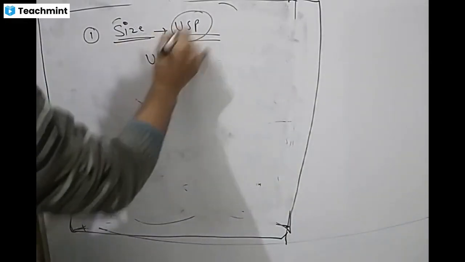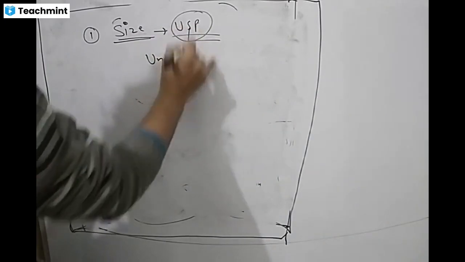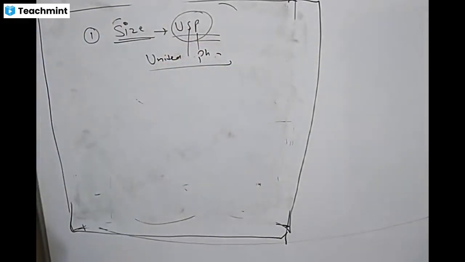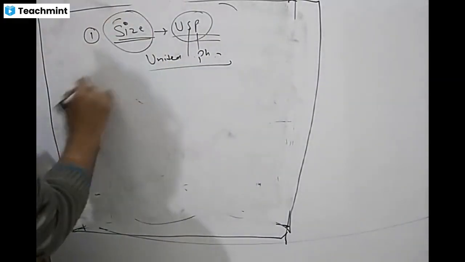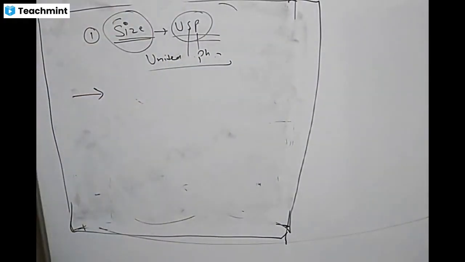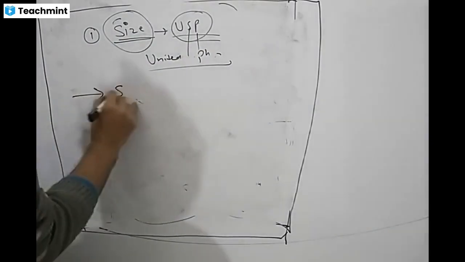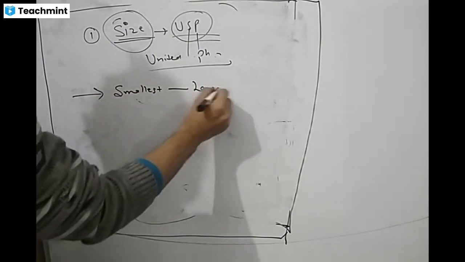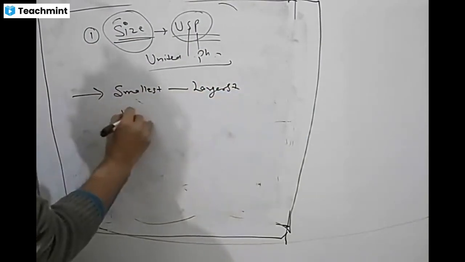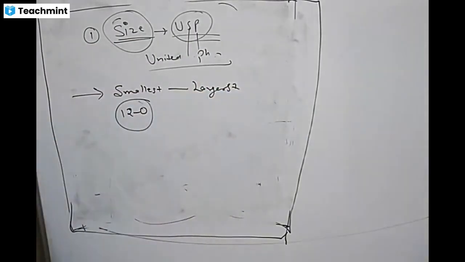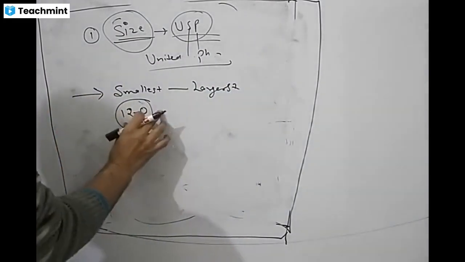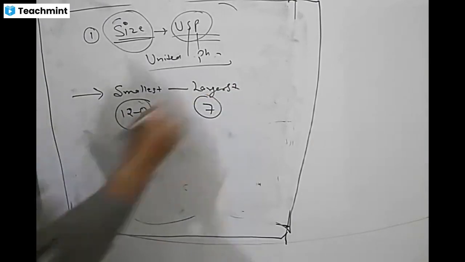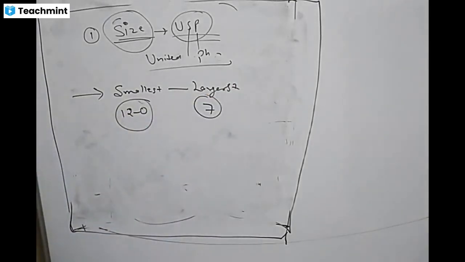This is the United States Pharmacopoeia. According to this pharmacopoeia, the size, as given in your surgery book, runs from smallest to largest. What is smallest? 12-0. They say that 12-0 is the smallest size and number 7 is the largest size.